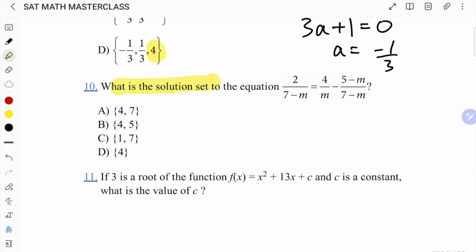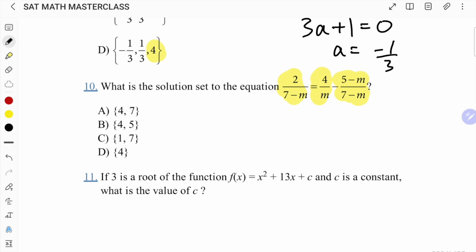What is the solution set to the equation 2 divided by 7 minus m equals 4 divided by m minus 5 minus m divided by 7 minus m?